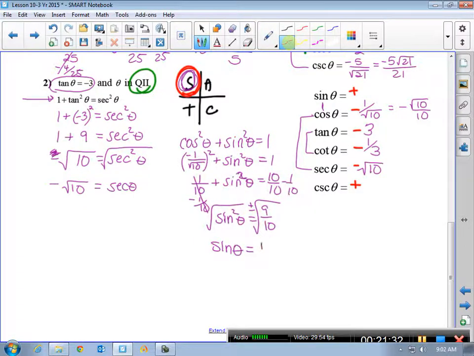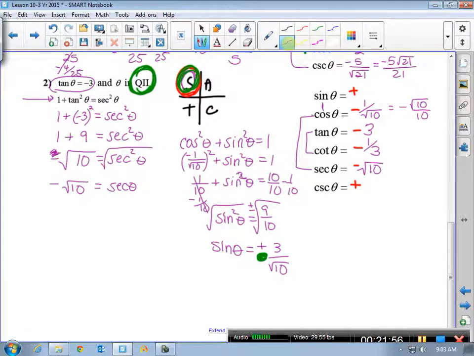You really want to think about, is it positive or is it negative? Square root of 9 is 3, and I have a radical 10 on the bottom. Remember where we are. We've already written the signs. We're in quadrant 2 according to the problem. So we know in quadrant 2 sine is positive. So we knew it already.